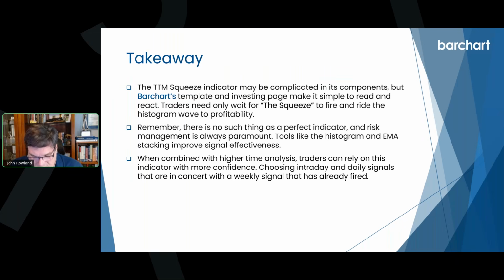And this one I can't reiterate enough: when combining higher time frame analysis, traders can rely on the indicator with more confidence. So choosing intraday or daily signals that are in concert with our weekly signal that has already fired, or a supportive histogram at the week level, makes for a more effective TTM squeeze signal.